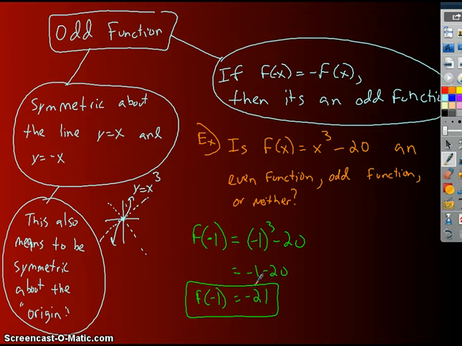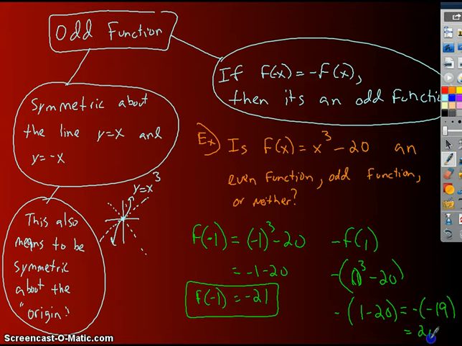Now, if I plug in negative f of positive 1, that means I will plug in positive 1 to this function and get the opposite of it. So it's going to be 1 to the third, which is 1, subtract 20, which gives negative 19, so the opposite is 19.